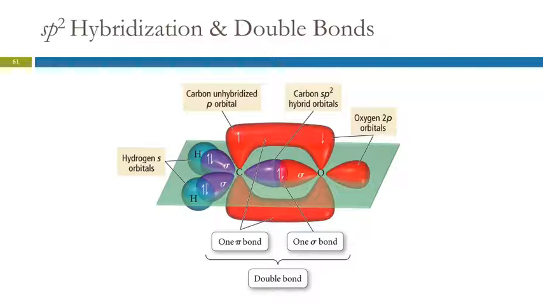That's 2 bonds, that's a double bond. The carbon has 2 bonds with oxygen. One is the overlap of a hybrid orbital with the p orbital on the oxygen, and the other is the side-to-side overlap of the unhybridized p orbital on carbon with a p orbital on the oxygen.